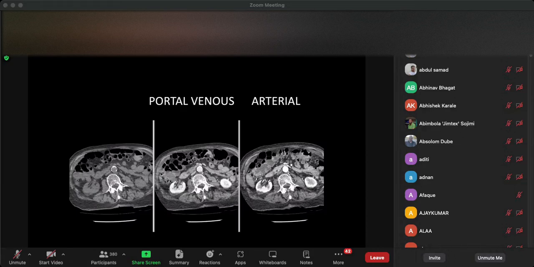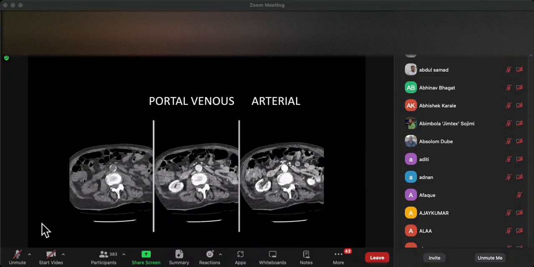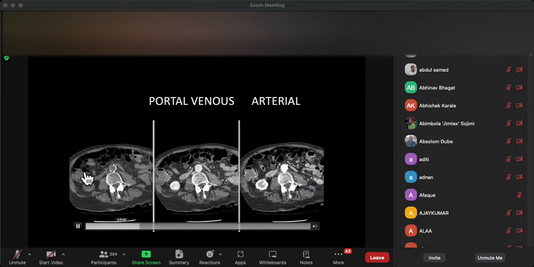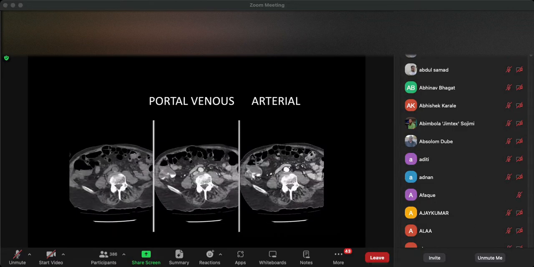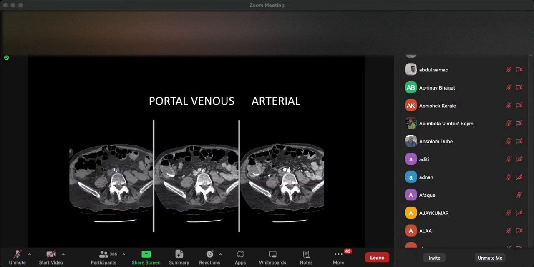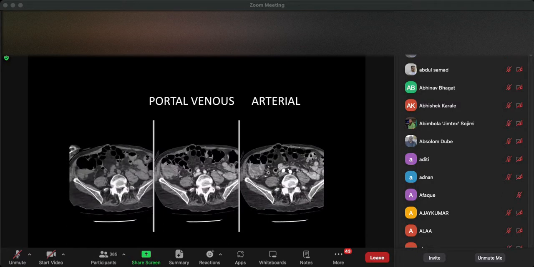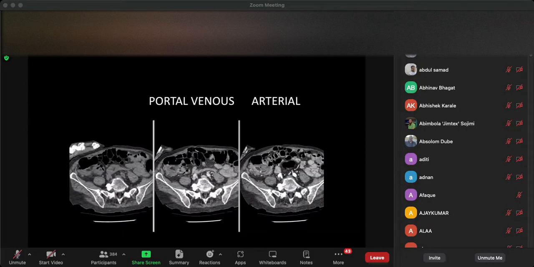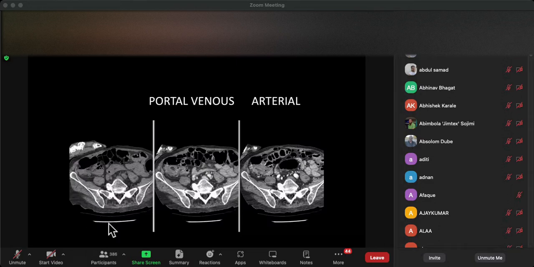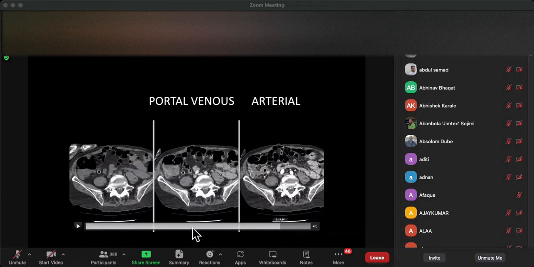Okay, so in the same way, have a look at this one. This is a patient who presents with rectal bleeding. This is the unenhanced on the left, portal venous, arterial. Let's play that again.